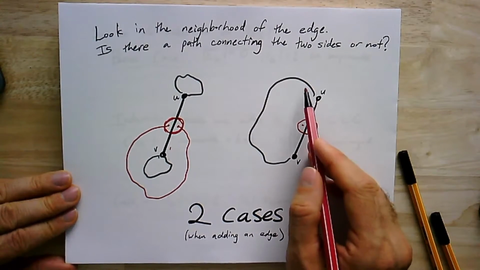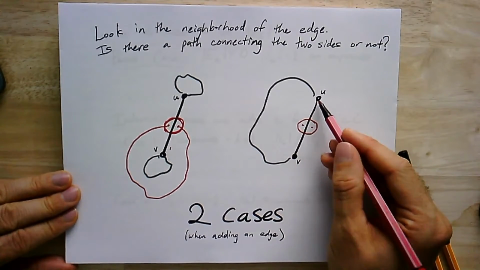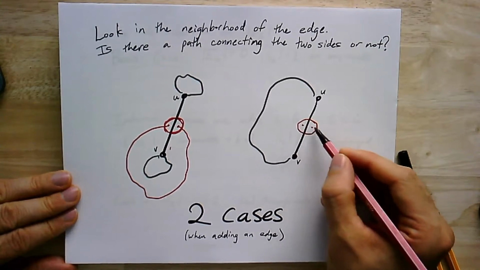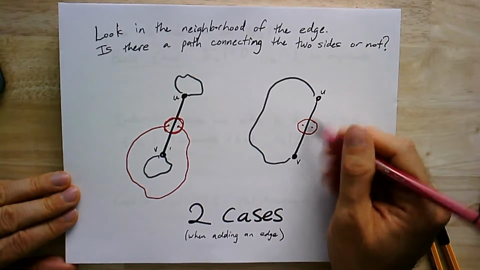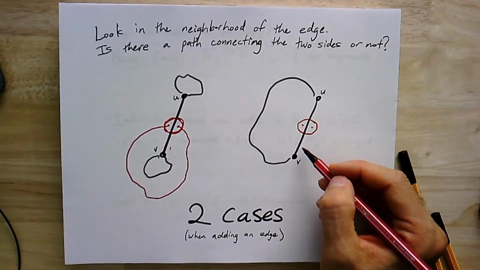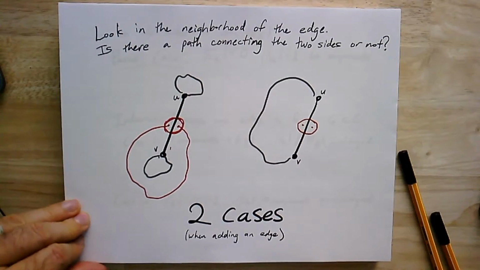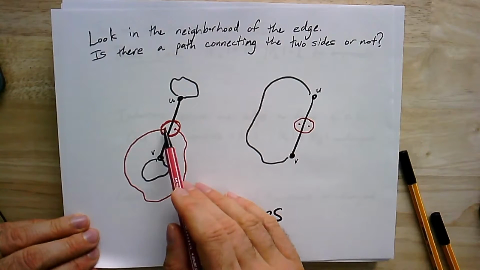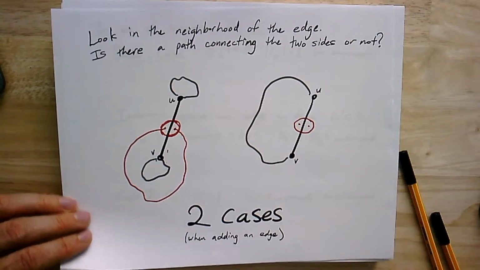And so if that's the case, then there was a face here which are separated, and before I added that edge, they were connected, right? Because I can now find a path, even just in this neighborhood, that goes from one side to the other when this edge is not there. So in this case, adding the edge separates a face, what was a single face, into two faces. Okay, so those are exactly the only two cases, right? Whether or not the two sides of the neighborhood of the edge were connected or not.